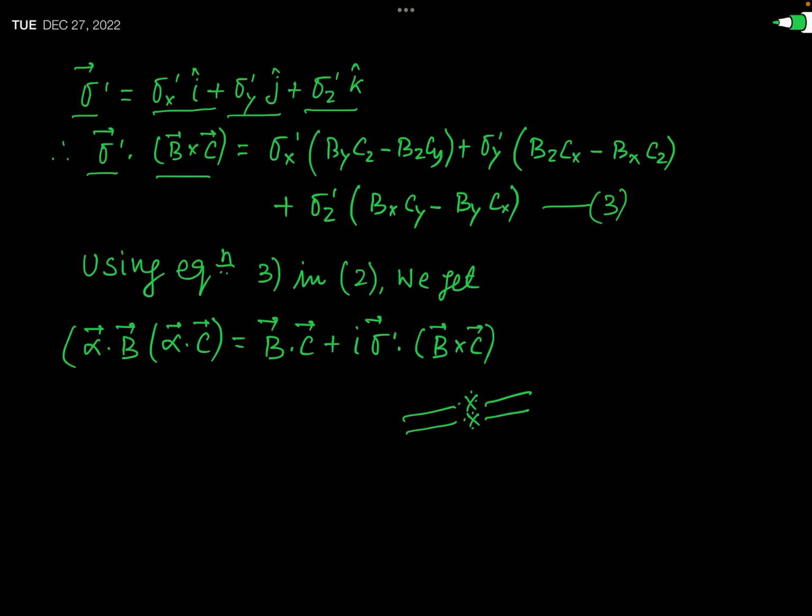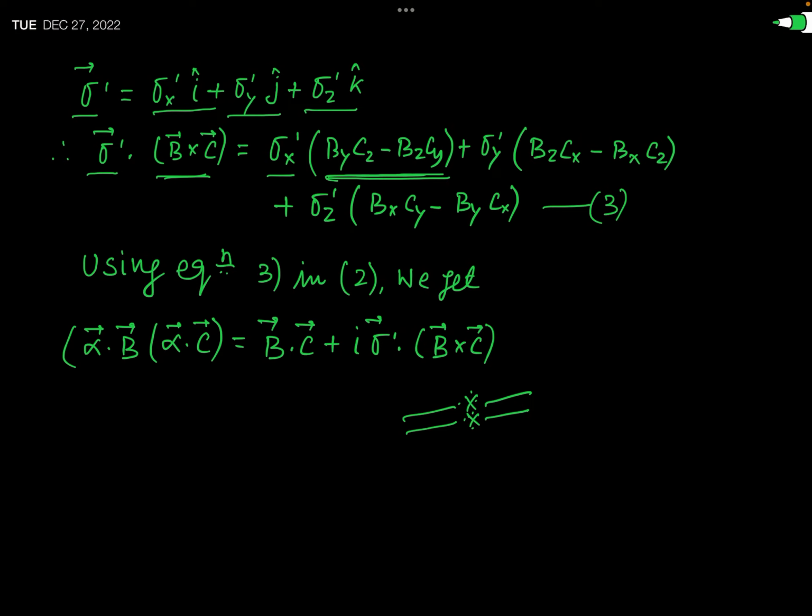In the scalar product, we simply take the product of the corresponding components and add them. So this will be equal to sigma x dashed times by cz minus bz cy, because the x component of the b cross c vector is this much.